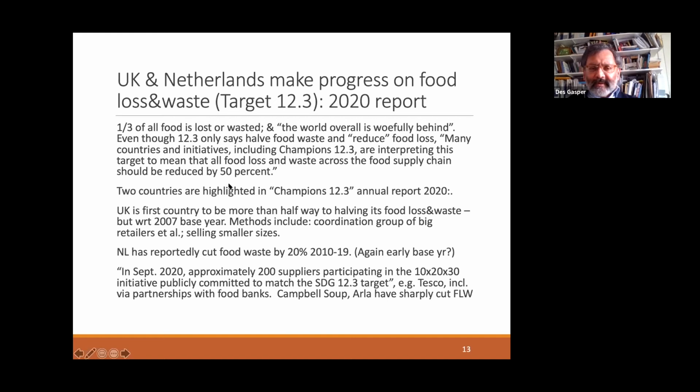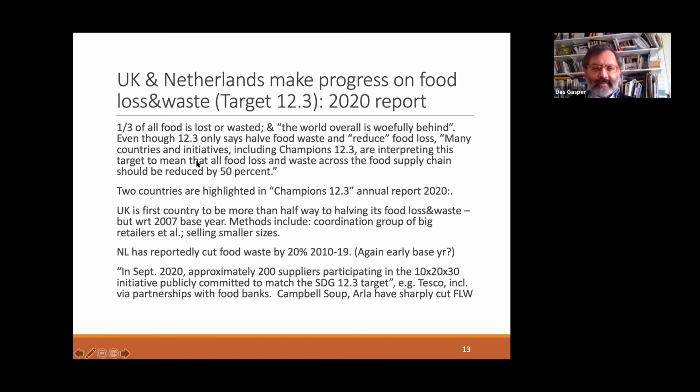So this is drawing on a 2020 report for this target from a group called Champions 12.3, which is a cross-sector coalition of representatives of some governments, but also big corporations, some consumer organizations, etc. An example of the sort of issue-focused coalition that exists in most SDG areas.